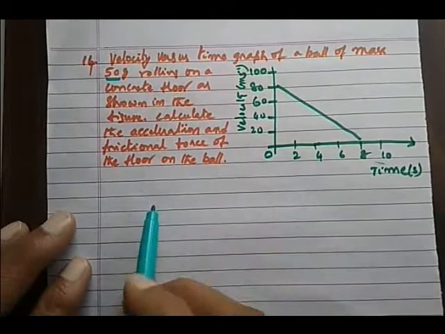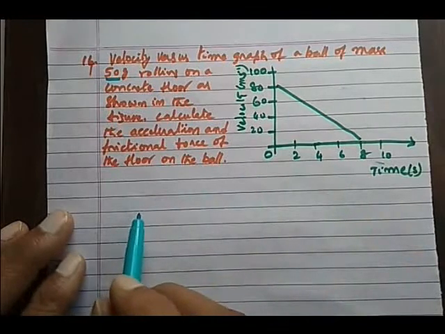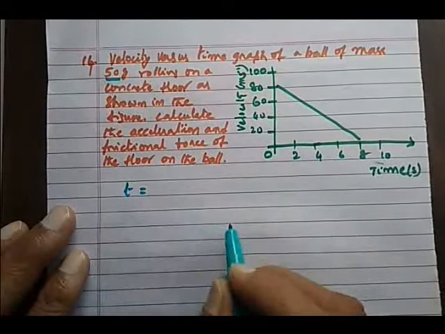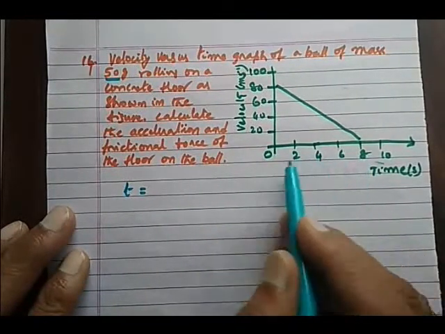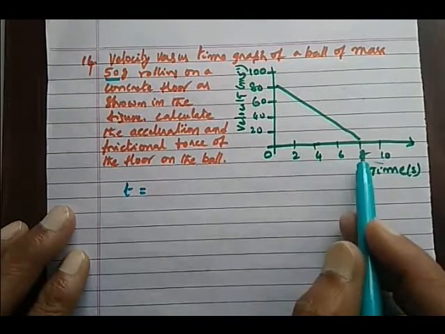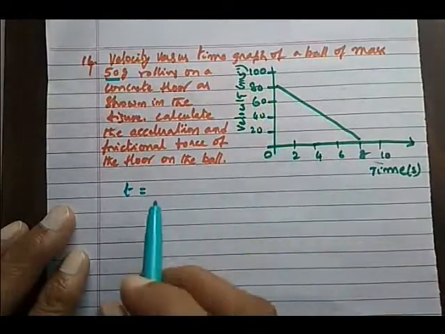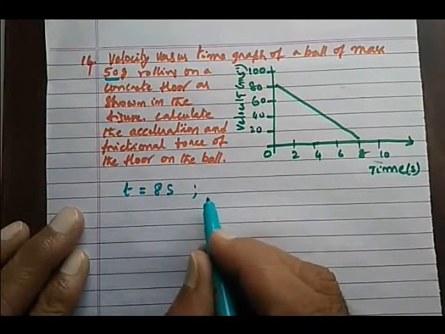So what is given we will take. From the graph, what are all things you can write? Time 0 initially, finally 8 seconds is elapsed. So in 8 seconds time, the velocity has come from 80 to 0. So t is 8 seconds. Okay.